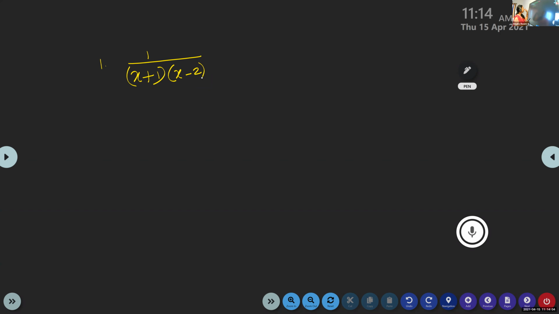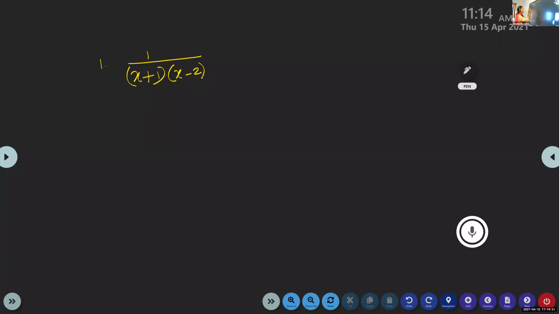Now look at the numerator. What do we have? 1. 1 is the constant polynomial. Look at the denominator, (x plus 1) into (x minus 2). It is a polynomial given as linear factors. What is meant by linear? The power of the variable is 1.